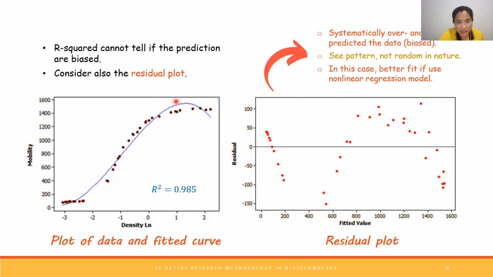It seems like the blue line is overestimated in that region and in this region. So if you are doing curve fitting, what you should always do is a residual plot. A good residual plot should not have a trend.